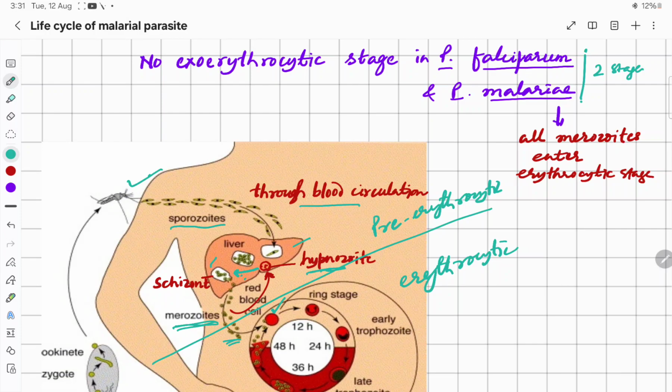So there can be relapse of malaria. This stage where the merozoites, after being released from the liver, again attack the liver is called exoerythrocytic stage. So this is the exoerythrocytic stage.